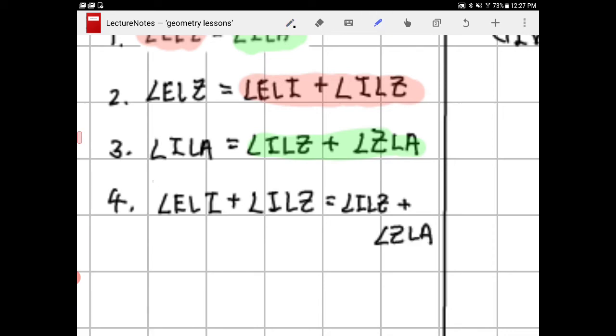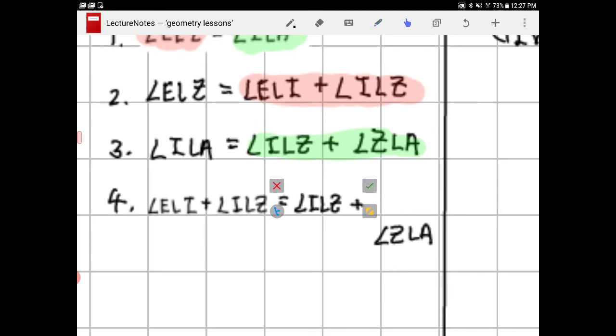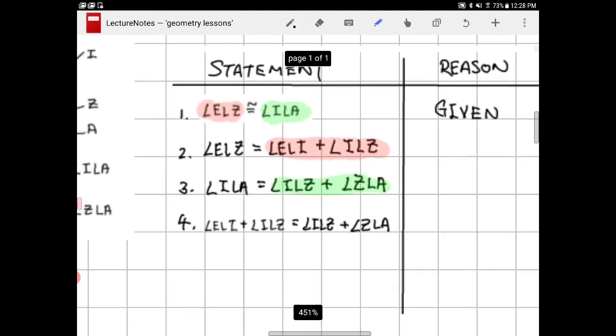I'm going to shrink this down a little bit so that I have enough room. Here we go. Okay, so I know that has to be true.